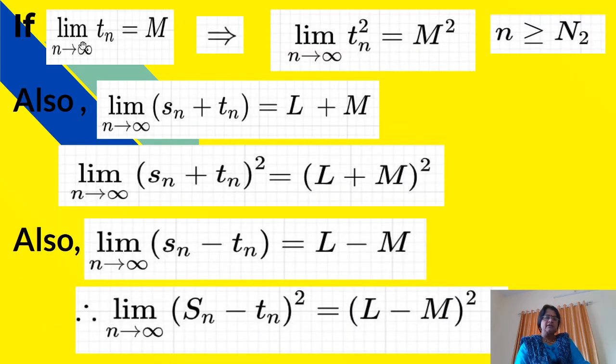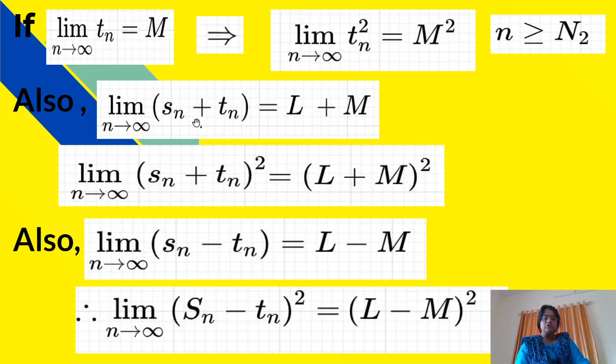Similarly, limit of Tn as n tends to infinity is equal to M implies that limit of Tn square is equal to M square using theorem 4, which is true for n greater than or equal to N2.